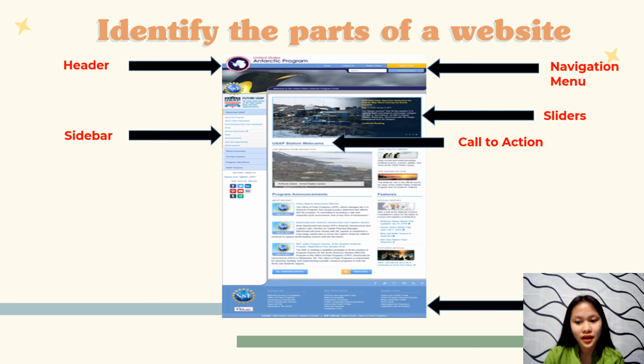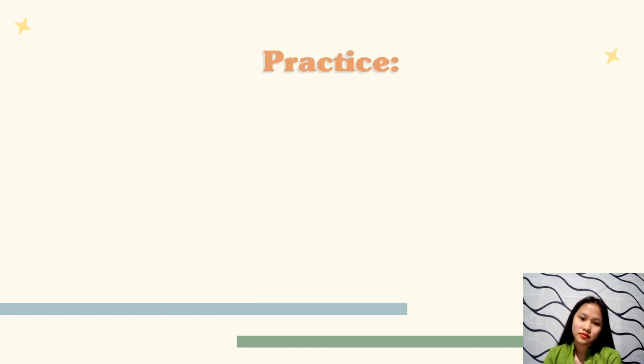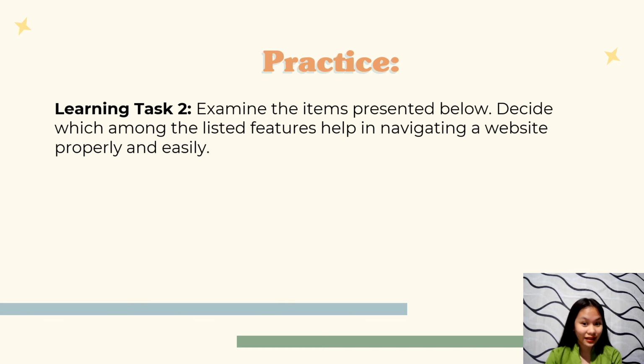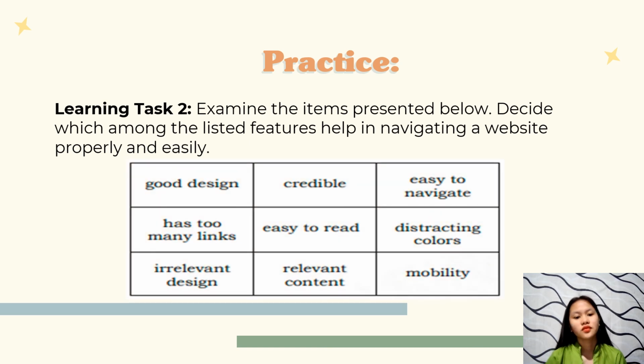Now, I also prepared another practice for you to know the features that help a website navigate easily. All you have to do is examine the items presented below and then decide which among the listed features help in navigating a website properly and easily. So the first one, what do you think? Correct. It is the good design. We have credible.